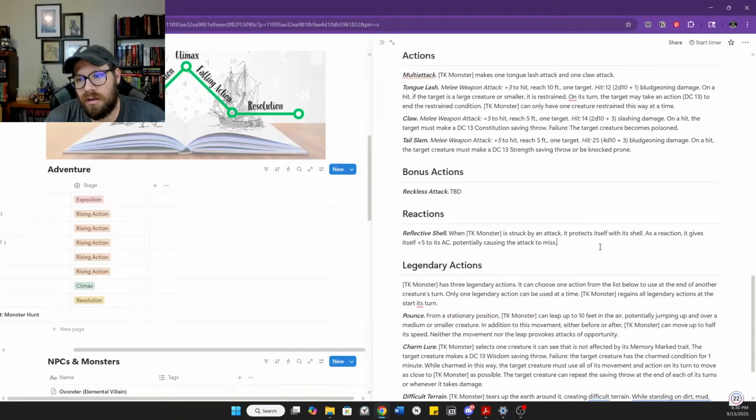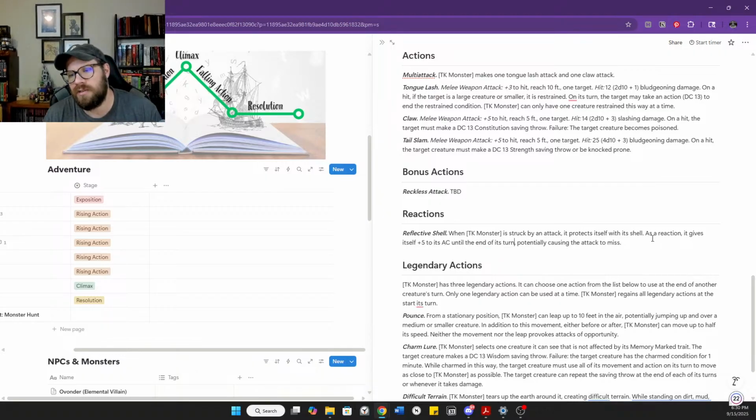We could do this a couple different ways. We could have a smaller bonus to the AC, so something like +2 or +3, and we can make it last longer if we wanted to. 5 is a big boon, but the way we have it written here, it only protects against that particular attack. Unless we could say it gives itself a +5 AC until the end of its turn.